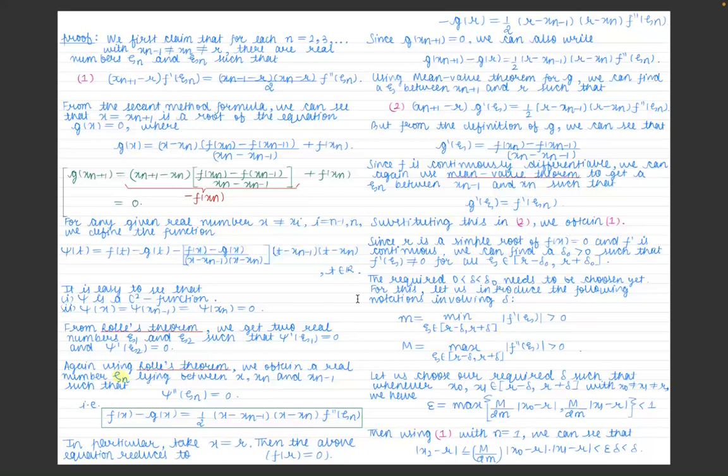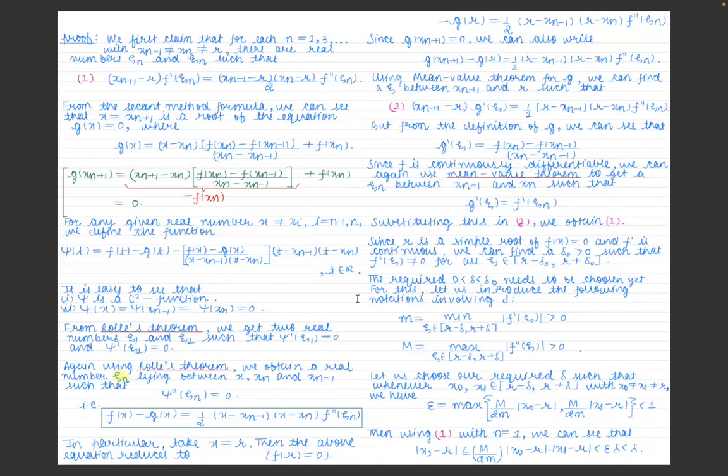So it is easy to see, number one, that xi is a C2 function. Why?